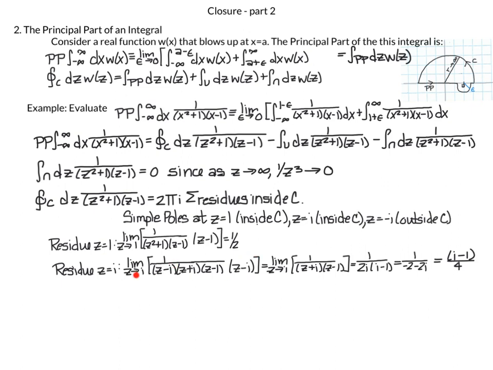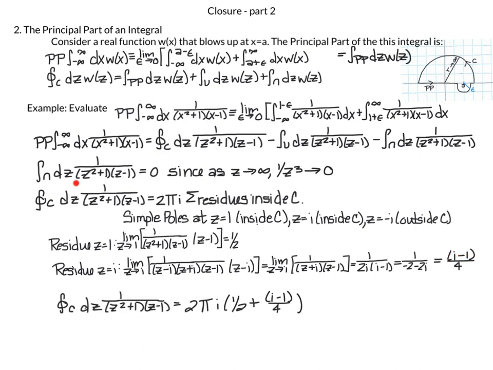So we can take the limit as z approaches i. That will give us 1 over 2i times i minus 1, which you can simplify to 1 over minus 2 minus 2i. If you want to get the i out of the denominator, you can multiply the top and bottom by the complex conjugate and simplify to i minus 1 divided by 4.